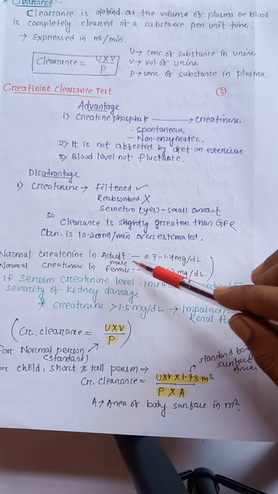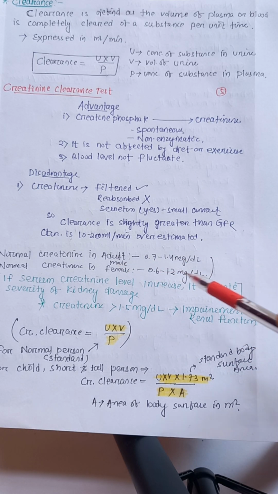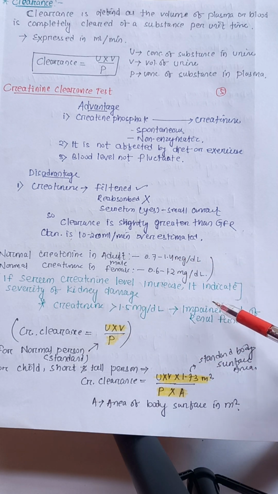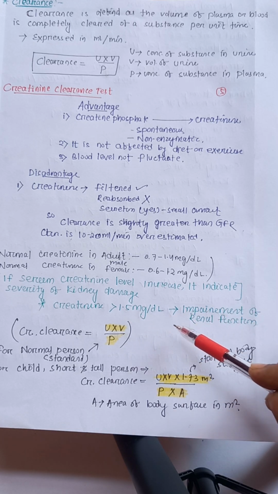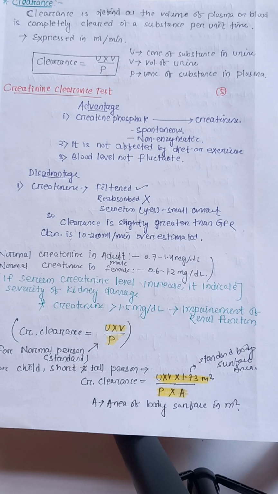Normal creatinine in an adult male is 0.7 to 1.4 milligram per deciliter, and in females 0.6 to 1.2 milligram per deciliter, but it is generally 0.6 to 1.3. From a memorization point of view, memorize it like this: if serum creatinine level increases, it indicates severity of kidney disease. So serum creatinine is very important. GFR will generally measure all of these. If it is greater than 1.5 milligram per deciliter, it indicates impairment of renal function.